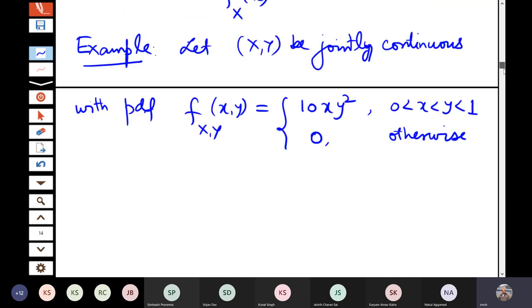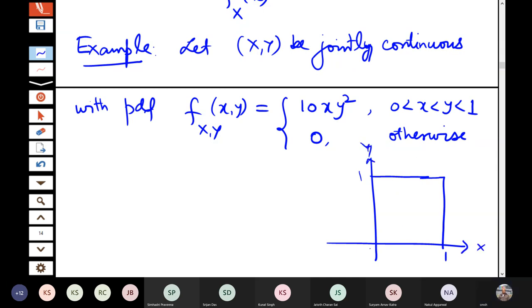Basically the density has been defined in this portion. If I consider, say, two-dimensional space and I consider this point, so x less than y, that is this region, this is the region of the density.